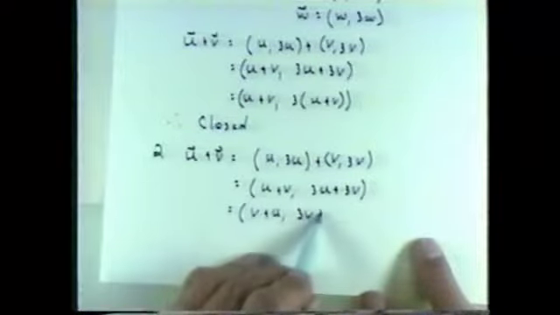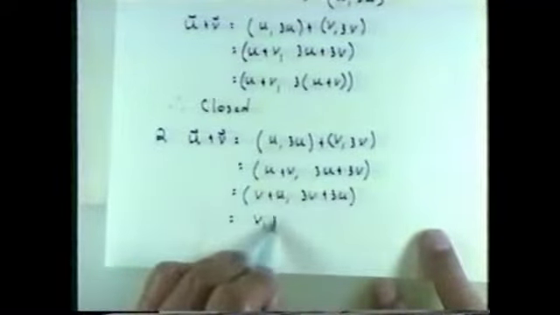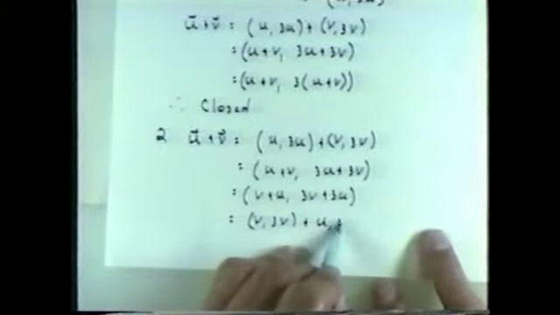I can turn this around and write it as v plus u, 3v plus 3u, which is the same as (v, 3v) plus (u, 3u), which is v plus u.